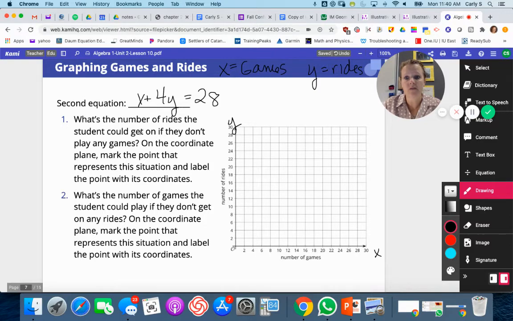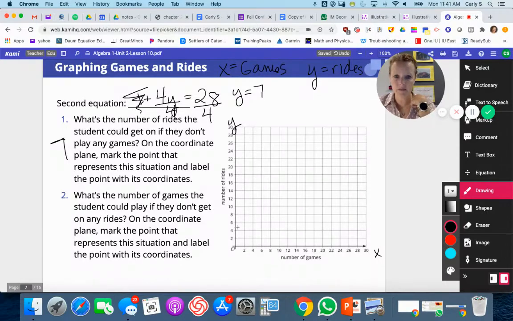So it's y if they don't play any games. So if x is 0, I'm going to divide both sides by 4, and y is 7.